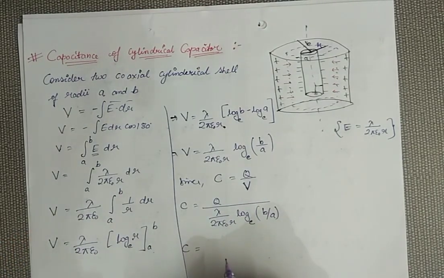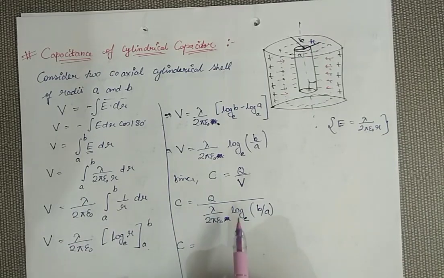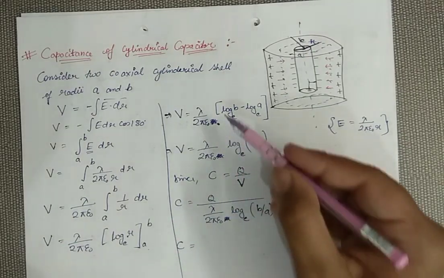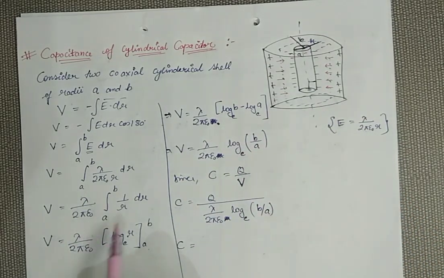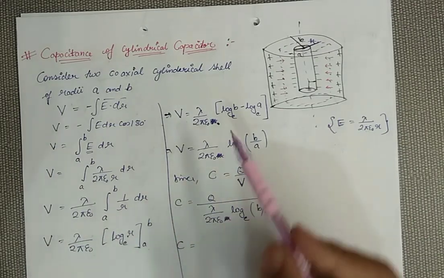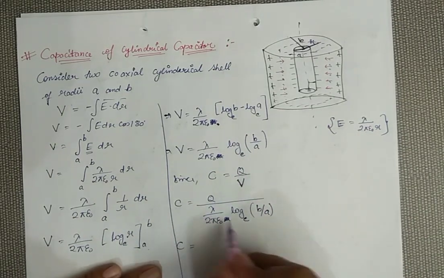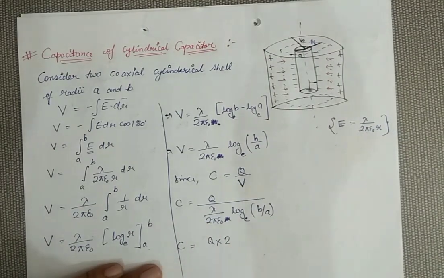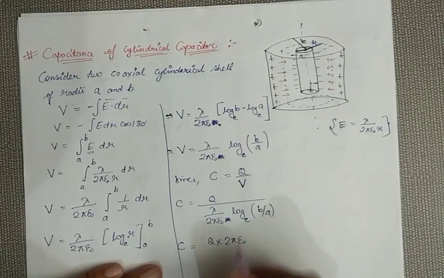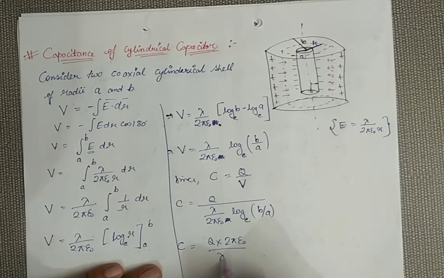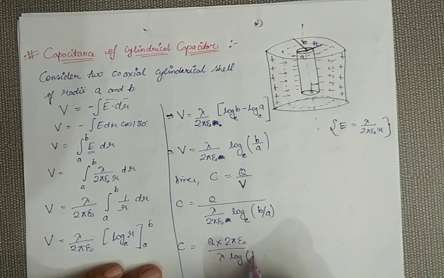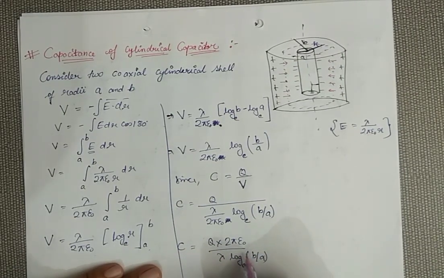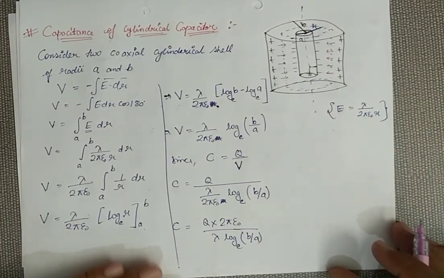The r is already cancelled out. By mistake I wrote r here. You have used this r in the integration, so no need to write this r. So it's Q into 2 pi epsilon naught upon lambda times of log b by a base e. So this is your value.